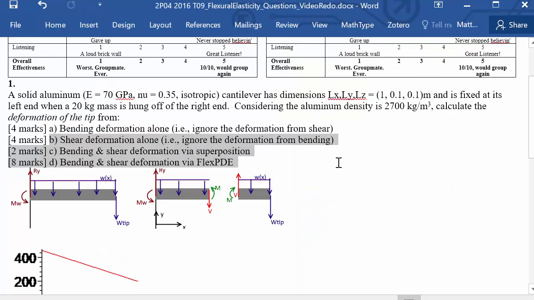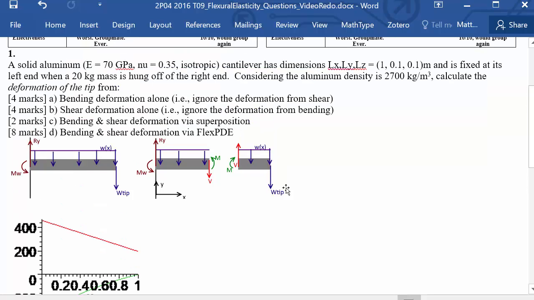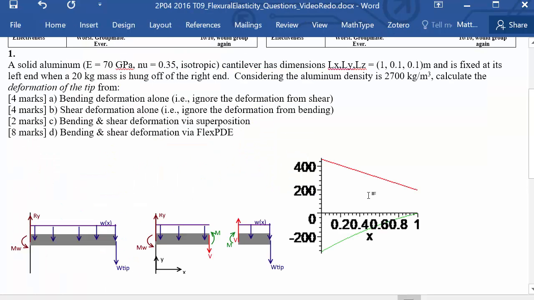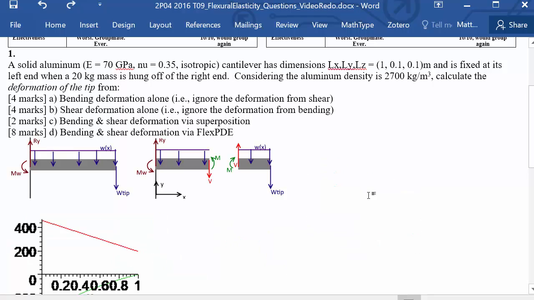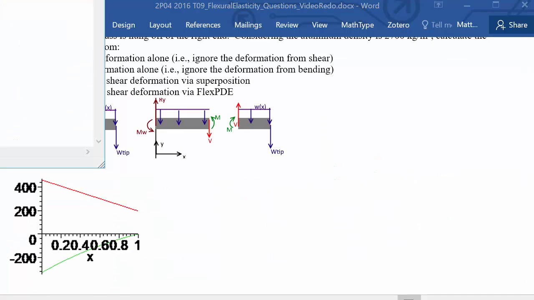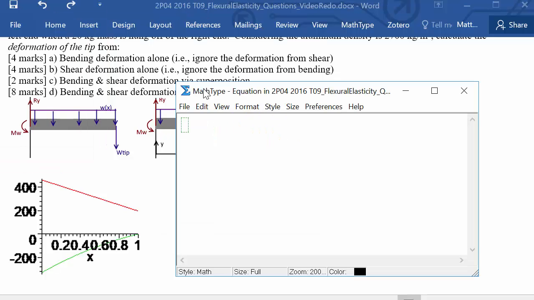Okay, next one, shear deformation alone. So for shear deformation, what we're going to do is use the fact that the shear force is related to the shear strain. So the shear force gives you the shear stress after you divide that by the cross-sectional area. So that's the shear stress.